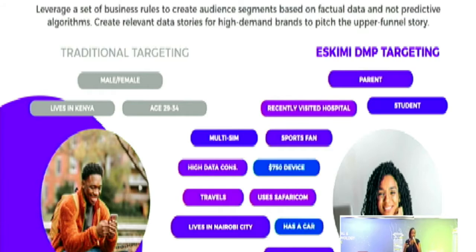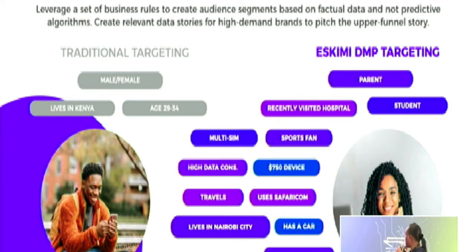The usual traditional ways of targeting users online are gender, age, and location, but from a programmatic perspective, you're able to get more insights and build what we call a data story for targeting users online.